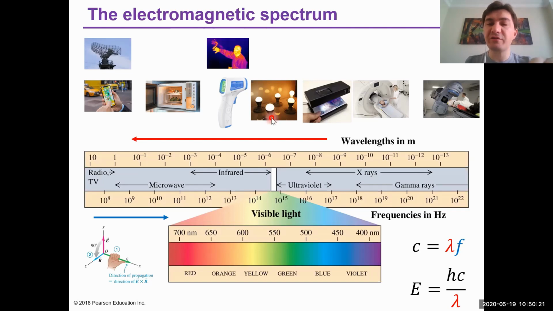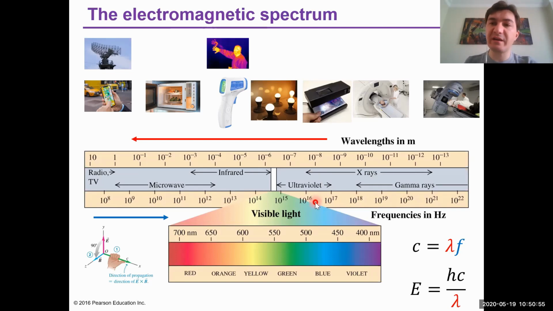So just to remind you that the white color contains all these colors in the visible region. So in the UV region, we have, for example, applications. You can use UV radiation to check the originality of the money, okay? And UV light is also used in many applications.